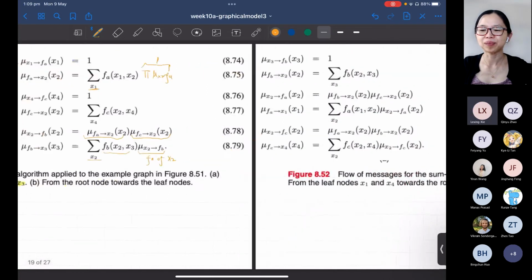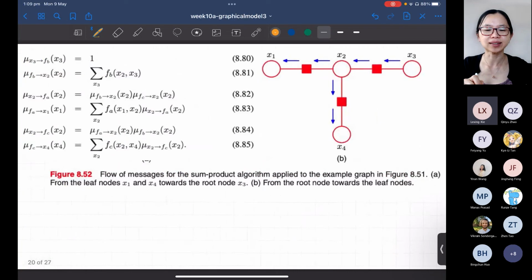I will just leave you with the claim for now. But basically, let's just have a stare at the messages of the other direction. We start from x3. We start from 1 again. And we'll do this multiply by fb and sum over x3.